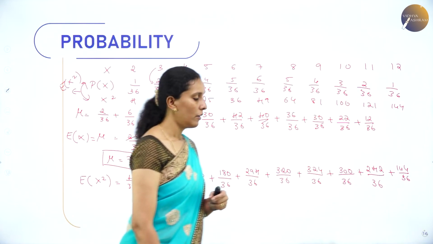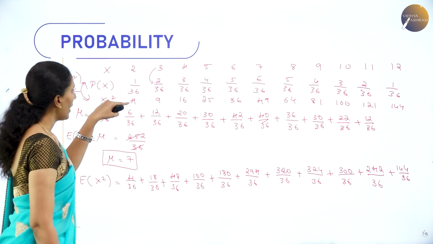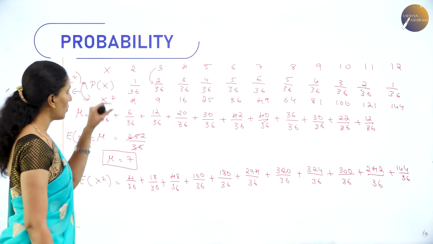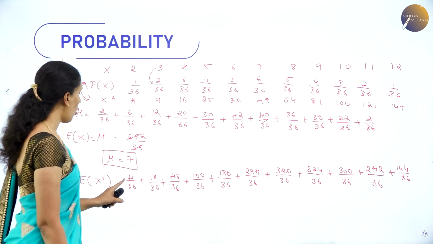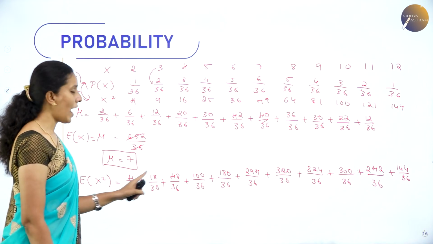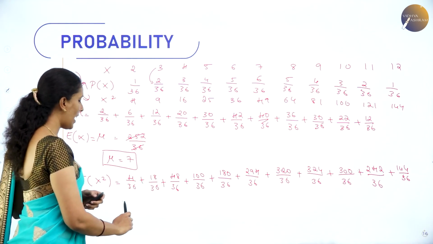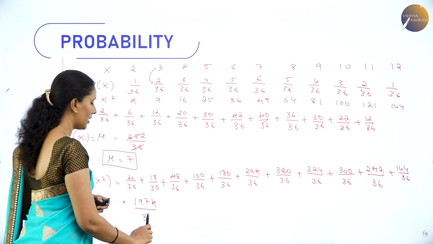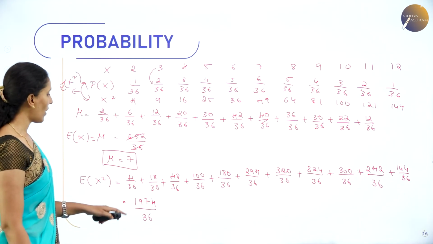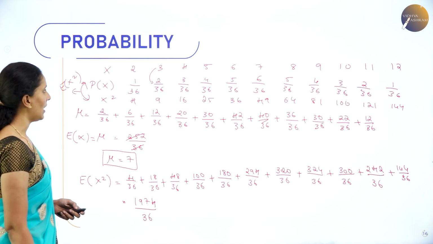So this is the value, that is the sum of x square into p of x. Multiply these two columns and you will get E of x square. When you add it, you will get the value as 1974 divided by 36. Now let us write this in the formula.